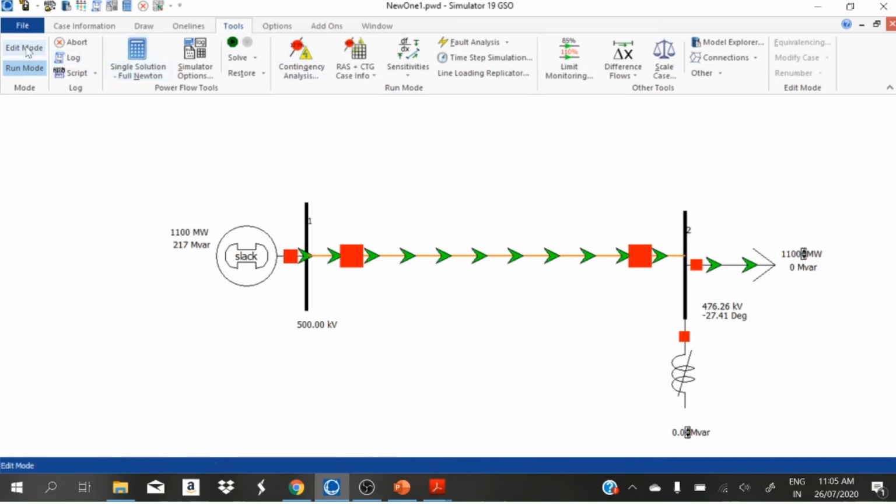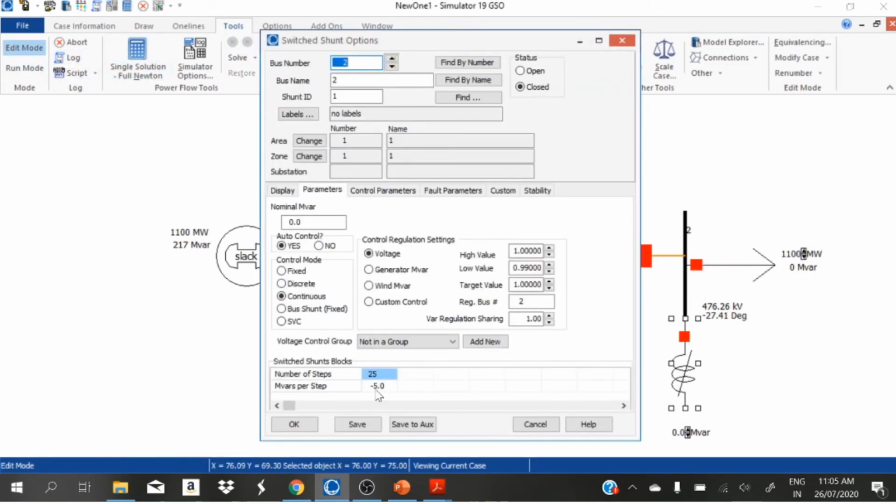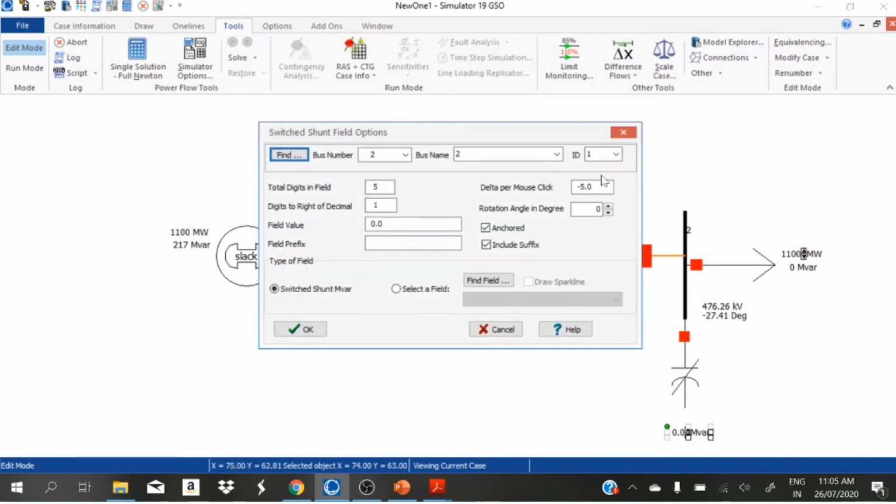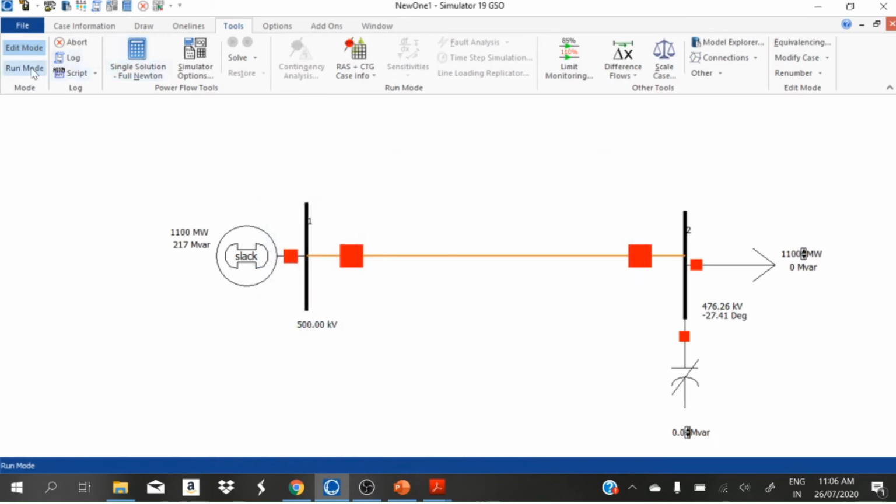Stop the simulation, go to edit mode, give the value +5. So you can increase 5 per mouse click. Go to run mode, run.